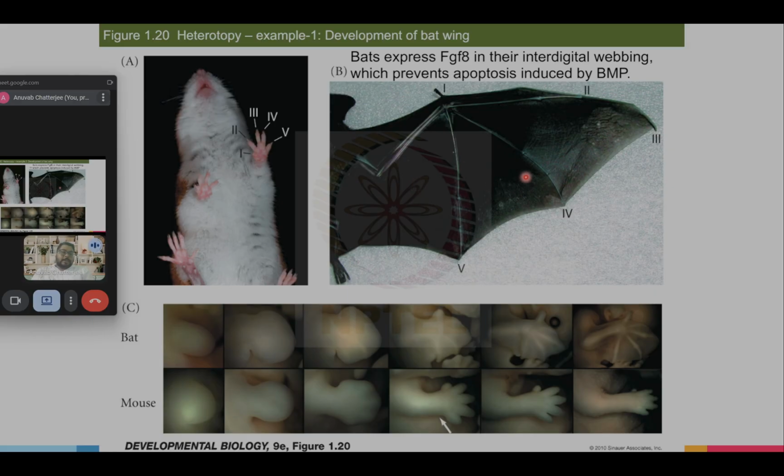This causes this interdigital mesenchyme to not apoptosize and be able to develop into an entire bat wing. So heterotopy, expression of a molecule where it is not usually expressed, giving rise to variations and development of new features. FGF8 is now being expressed in these regions where it is normally not, and this gives rise to the bat wing. So heterotopy.